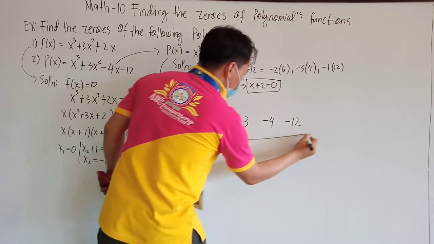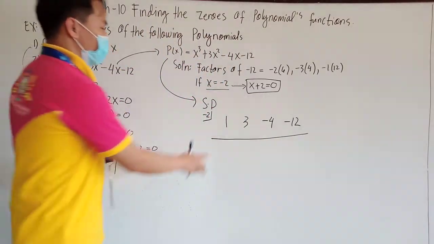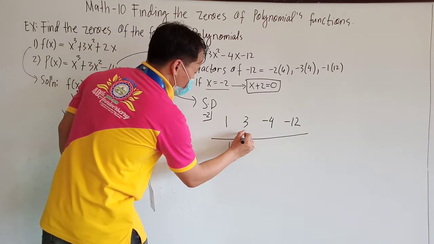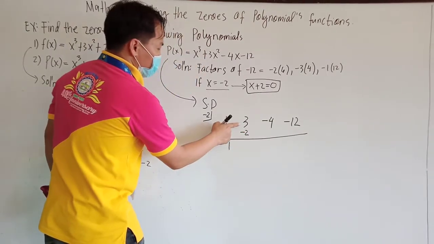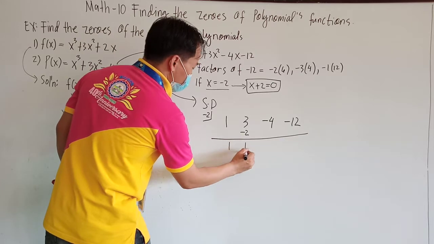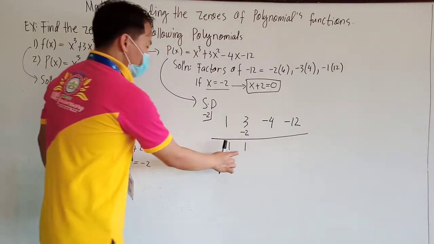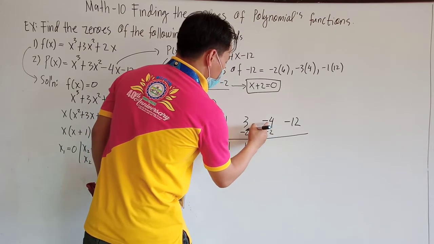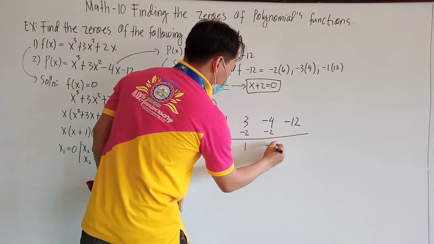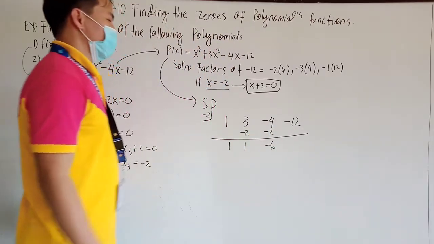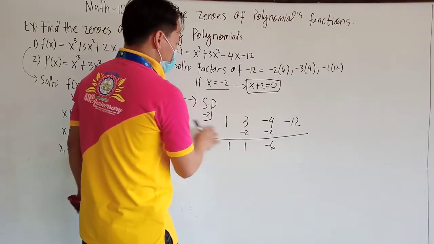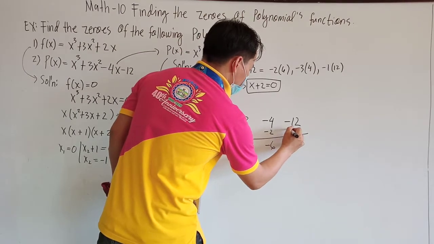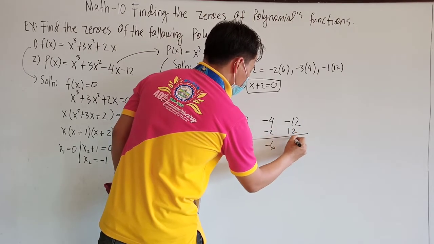Then bring down positive 1. 1 times negative 2 is negative 2. Then 3 plus negative 2 is 1. 1 times negative 2 is negative 2. Negative 4 plus negative 2 is negative 6. Next, negative 6 times negative 2 is positive 12. This one is 0.